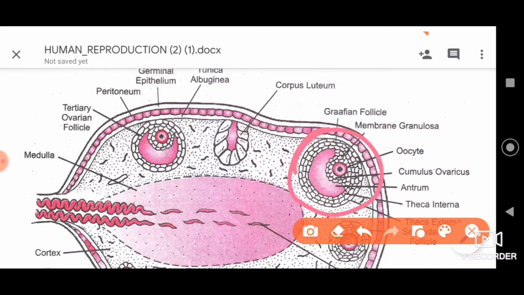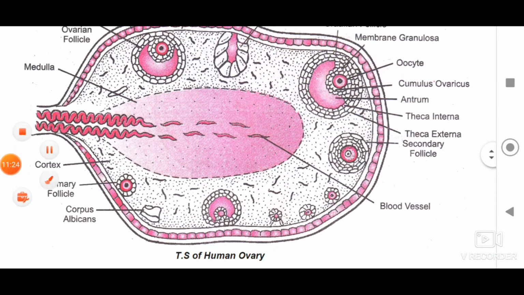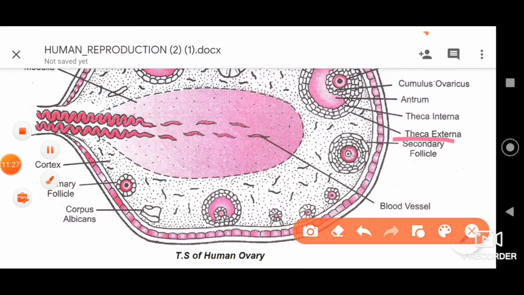So dear friends, here the antrum can be present. The inner layers of cells are called theca interna, and the outer layers of cells are called theca externa. Let me tell you about the Graafian follicle rupturing. What do we mean by rupturing here?